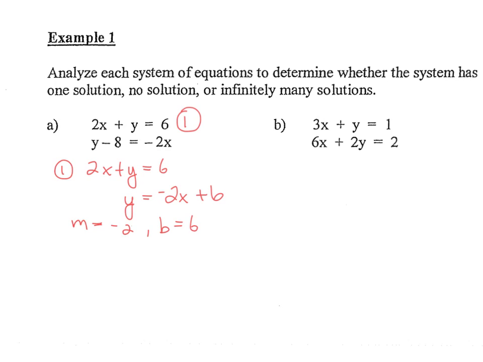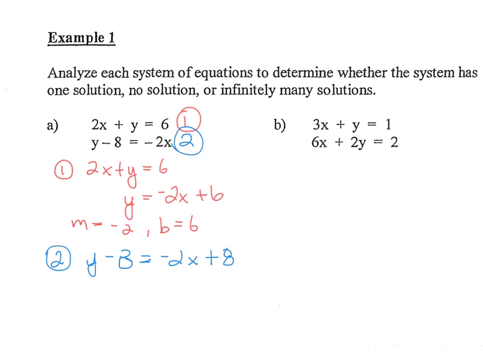Okay, so now we'll go to our second line. So line 2. When we go to line 2, we rearrange it in the same way. So y minus 8 equals negative 2x plus 8.